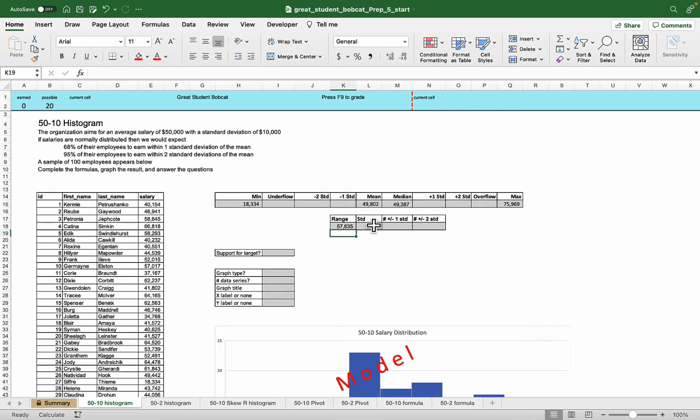And we can also get the standard deviation. This is a sample of employees. It says sample. So we're going to type STDEV.S. That's standard deviation of a sample. That's what the .S is. It's a standard deviation of sample.